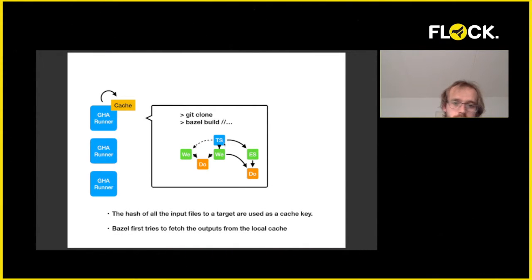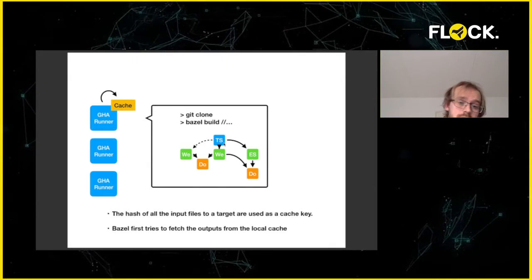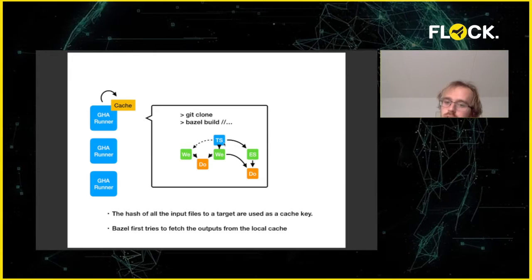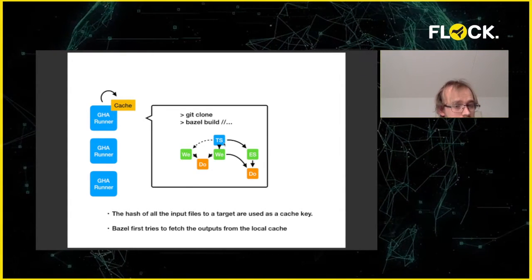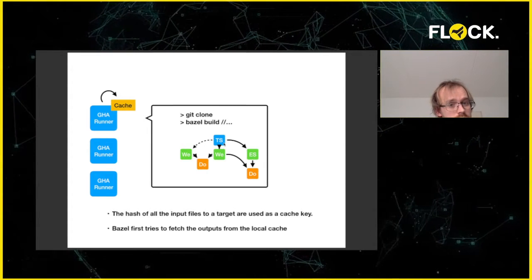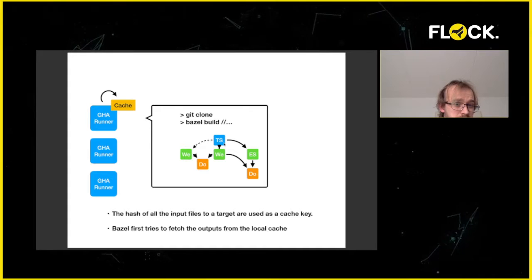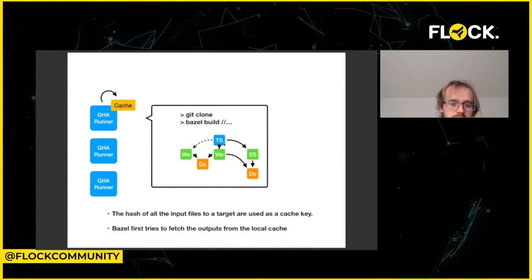Then it will look at the first target that it has to execute, and it will look up all the input files, and then it will calculate the cache key, and then it will look up the local cache to see if there's already a copy of the output files available for this specific set of input files.